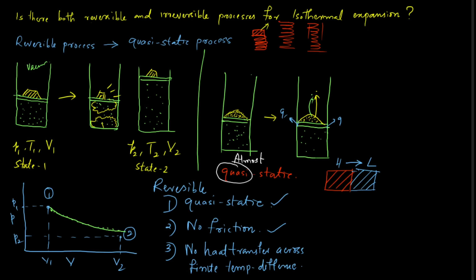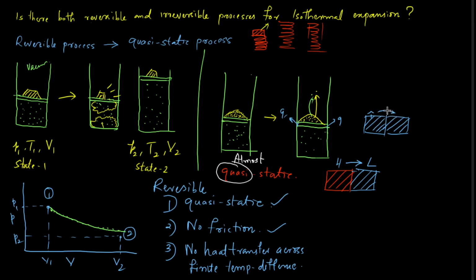Instead, if you have two components which are almost at the same temperature, and we slightly increase the temperature of one system, there will be heat transfer from this body to that body.